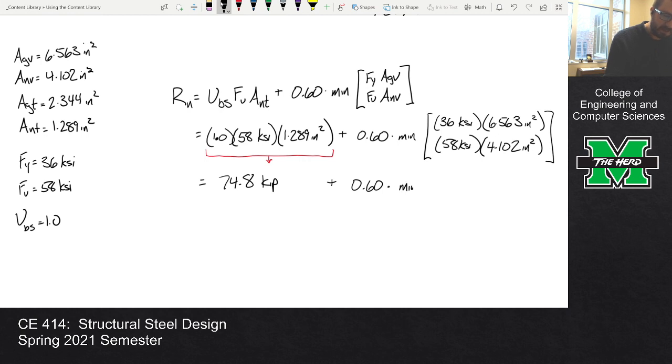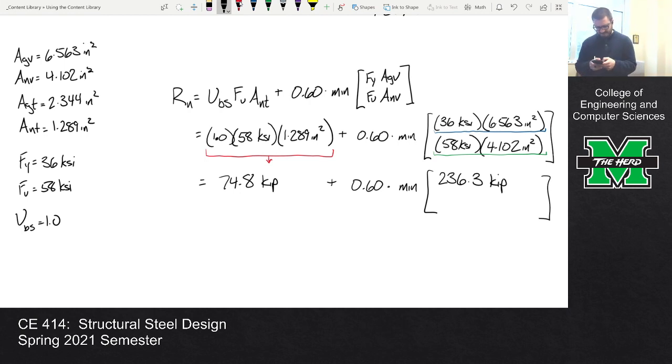0.60 times the minimum of. Now, what we're going to do is let's do each one separately. So let's do that one and then that one. So the first one, 36 times 6.563, 236.3, and then 58 times the other, 237.9.